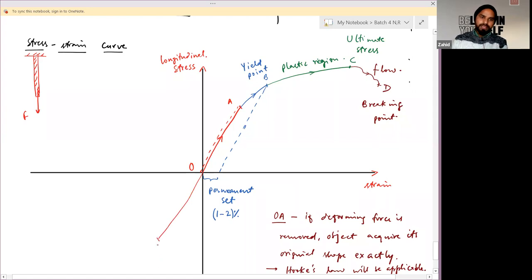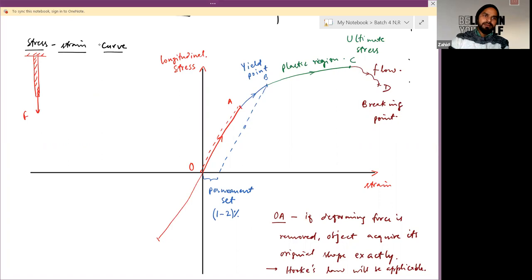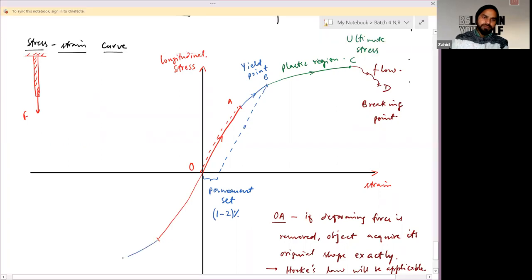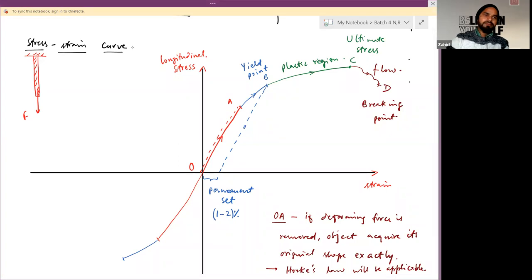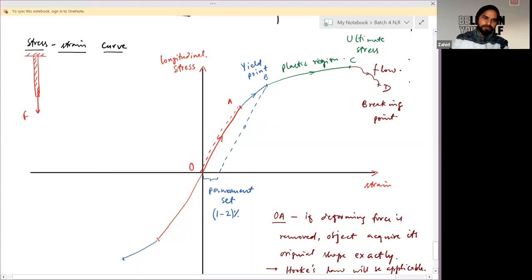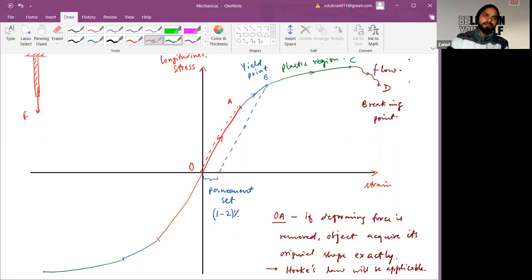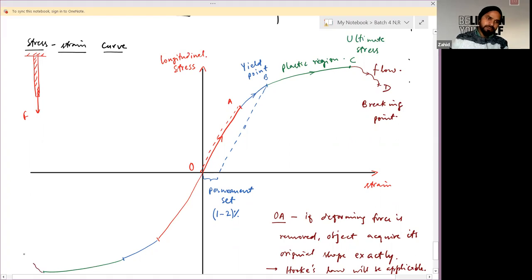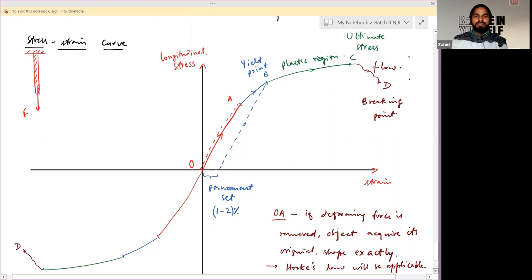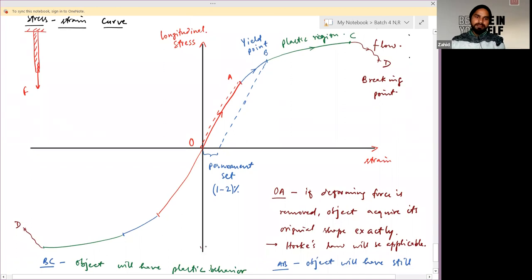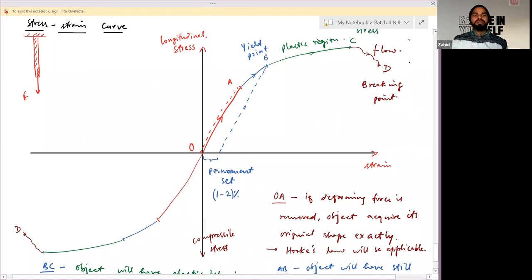Similarly, O to A, then it will move to point B, then it will further stretch to point C, and then it will tend to flow and fracture at point D. So this will be termed as compressive stress. So you'll be asked only for the longitudinal part.